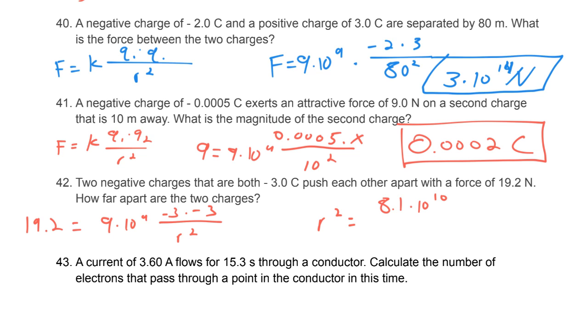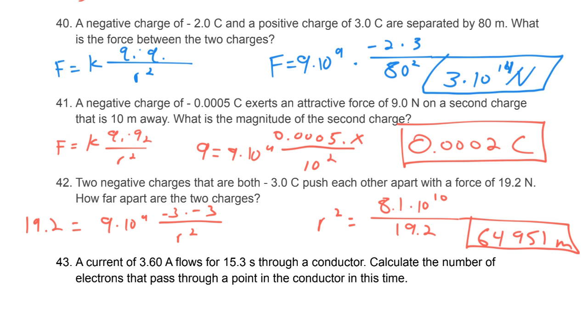So let's say I multiplied that, so I should divide by the 19.2. And then I'll take a square root to get that they are separated by 64,951 meters.